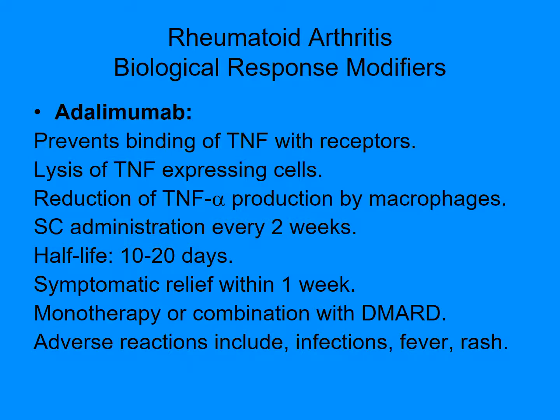It's given by SC administration every 2 weeks and has a mighty long half-life as well. You will see symptomatic relief within a week. It's used as monotherapy. It can be combined with DMARDs. The adverse reactions, like all the other biological response modifiers, are immunosuppression and infections.